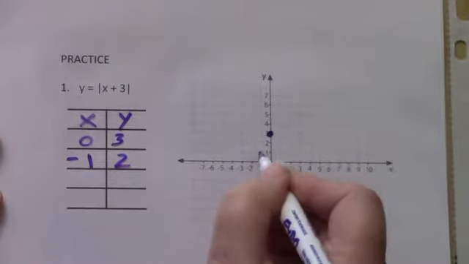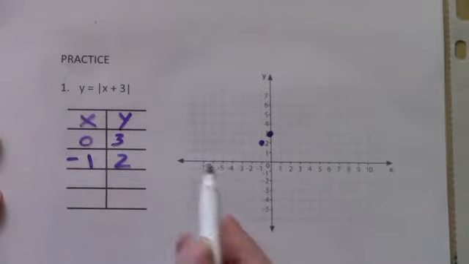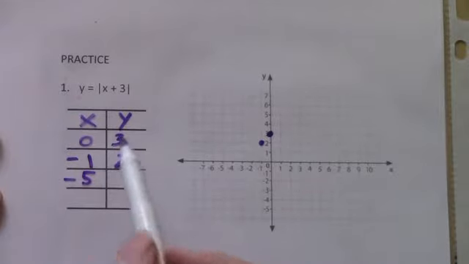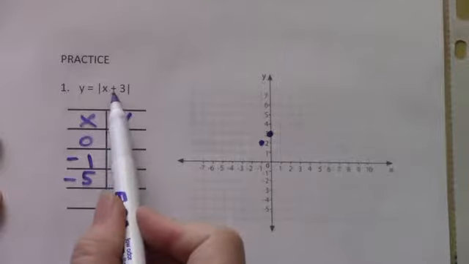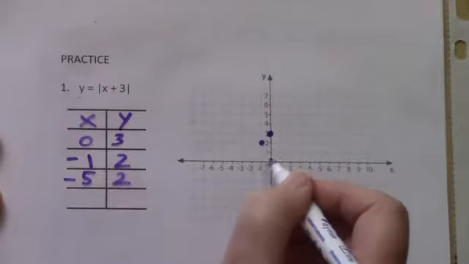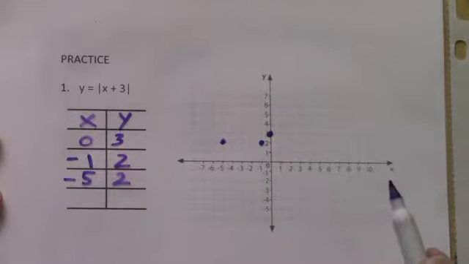So negative 1, 2. All right, well, let's try something like negative 5. Negative 5 plus 3 is negative 2. The absolute value of negative 2 is 2. Negative 5 and 2.